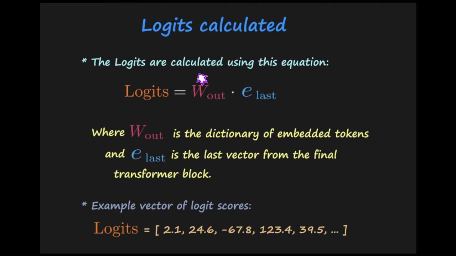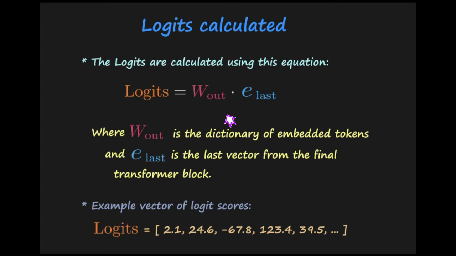Okay, here is how logits are calculated. Remember, logits are raw, unnormalized scores. This is a straightforward calculation, and hopefully you get an intuitive sense of how it works. To calculate the logits, we take the last predicted embedding vector, e_last, which is the last output of the last transformer block.